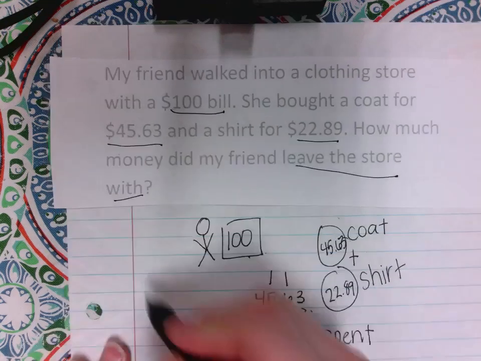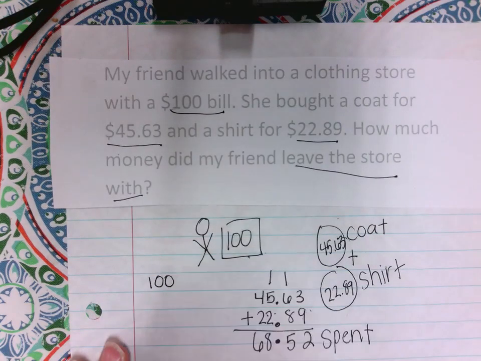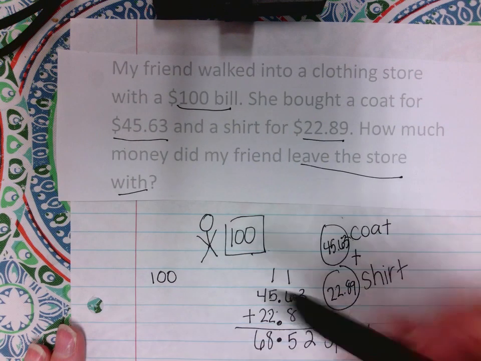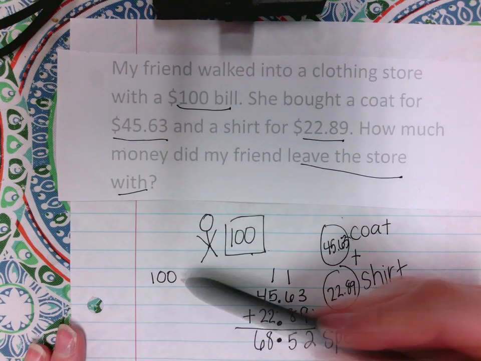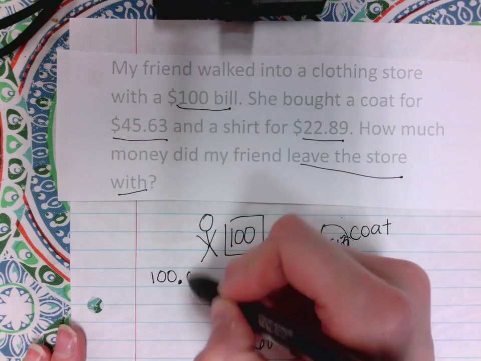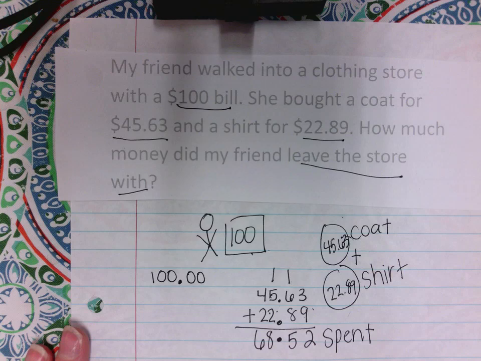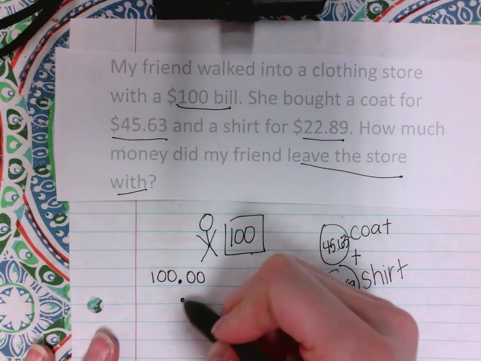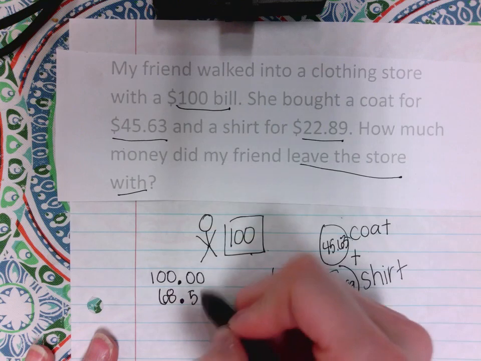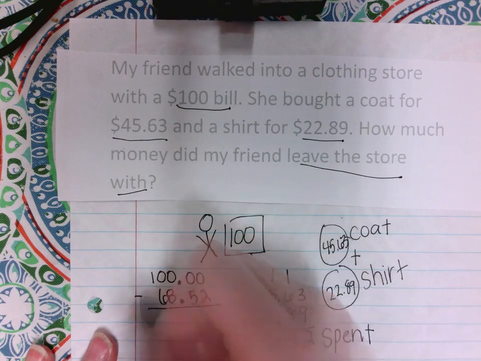So now we have to take our $100 and subtract it from how much she spent. But if you'll notice, this 100 doesn't have a decimal in it. But we can make it, since it's money, by just adding our 2 zeros here with our decimal. Now it makes it easier to line our decimals up with our money and subtract.